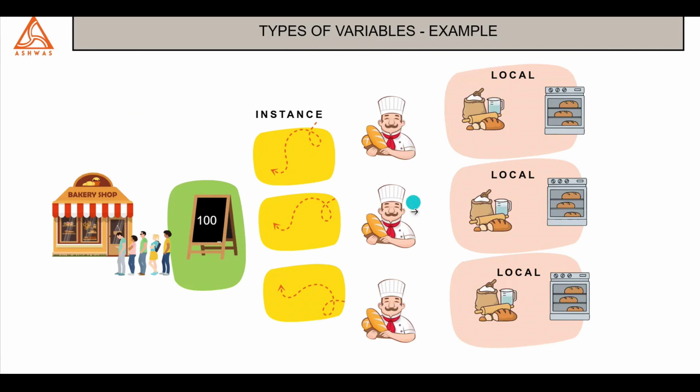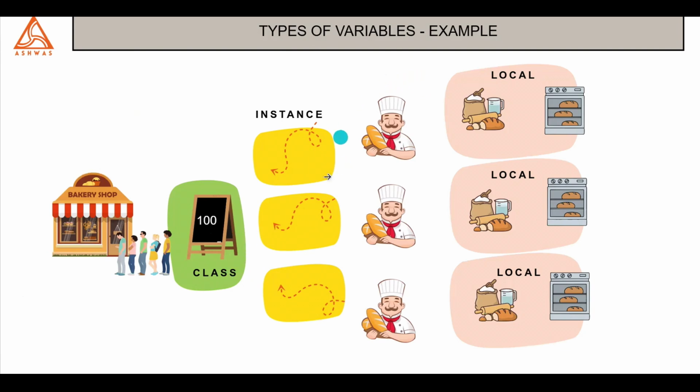But if any of these bakers wants to take a quick look at how many loaves we have in the bakery today, this object, baker, needs to take a look at the value written on the board. This kind of shared information, which is commonly accessed by as many objects of the class as there are, is called a class variable.